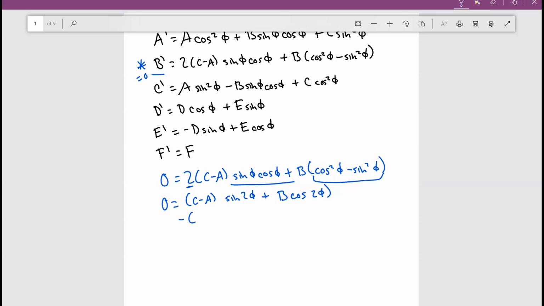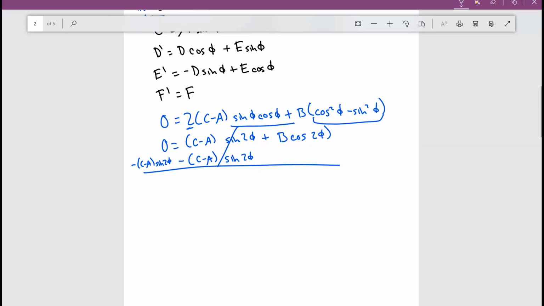I'm going to subtract this over to make it a little cleaner. So minus c minus a times sine 2 phi, and this goes away. I can distribute this negative, and we have a minus c times sine 2 phi is equal to b cosine 2 phi.